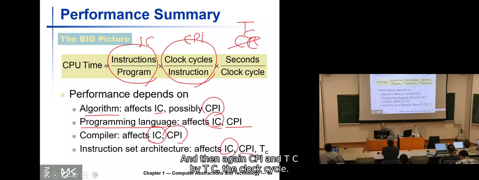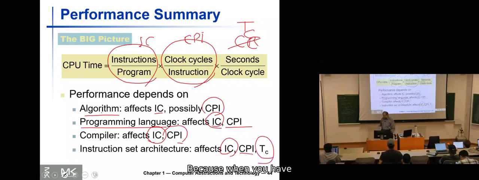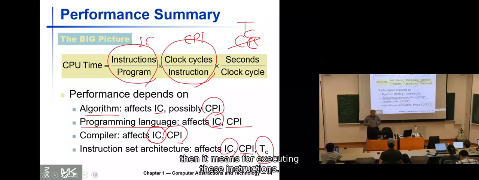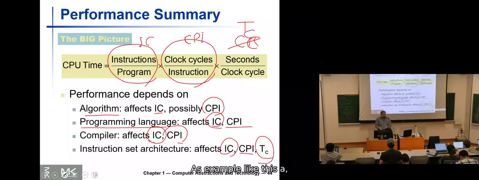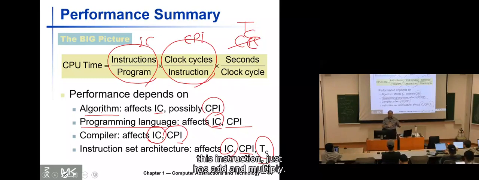And then again CPI and TC. Why TC, the clock cycle time? Because when you have different instruction set architectures, then for executing these instructions, as in my example, this instruction has add plus multiply together. The other one doesn't have this instruction, just has add and multiply.